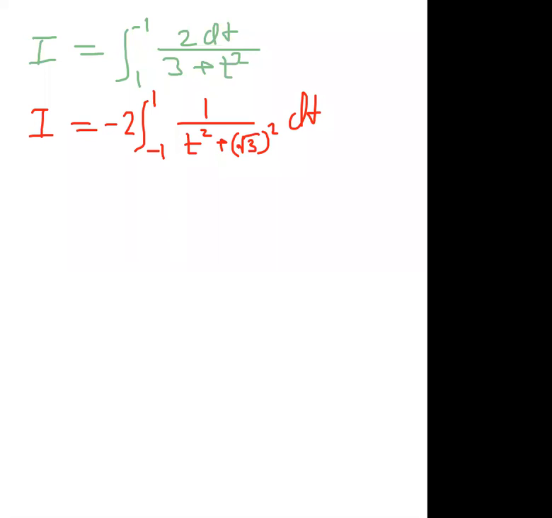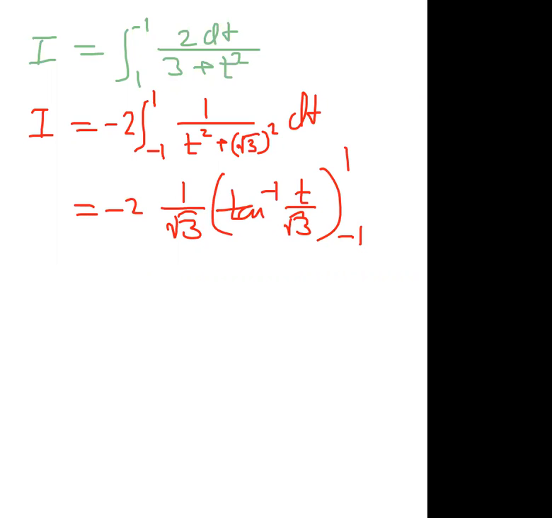So it becomes 1 upon under root a square minus x square, a square plus x square, sorry. So minus 2, 1 upon a tan inverse x upon a, means t upon root 3 from the limit minus 1 to 1.